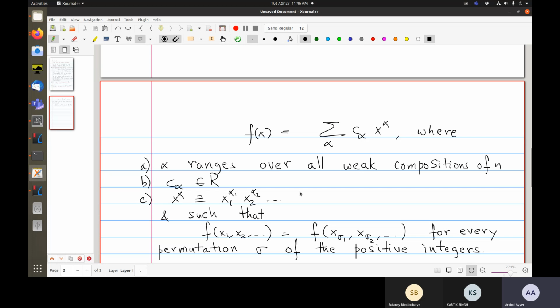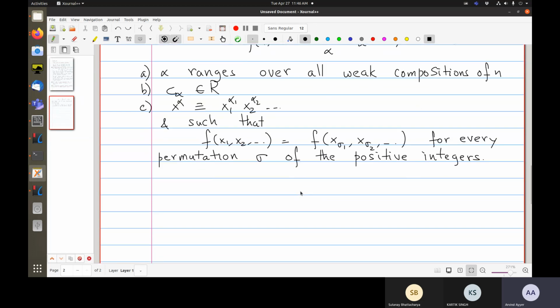All right. So let lambda n r, which, when r is clear, we'll just write as lambda n, be the set of homogeneous symmetric functions of degree n.